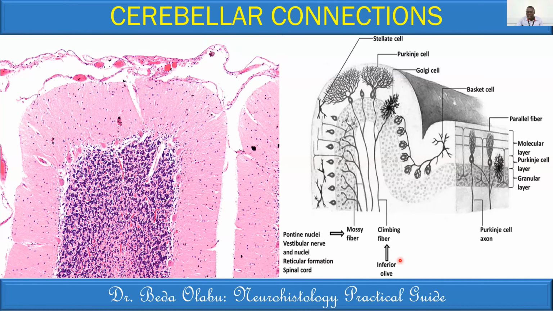The point of relay within the granular layer is very characteristic, because at that point of relay, there could be a lot of conglomeration of many neurons synapsing at that point, constituting what we call the mossy fiber rosette, or the cerebellar glomerulus. And so the fibers of cerebellar afferents that relay within the granular layer constitute what we call the mossy fiber system, which is the second fiber system.